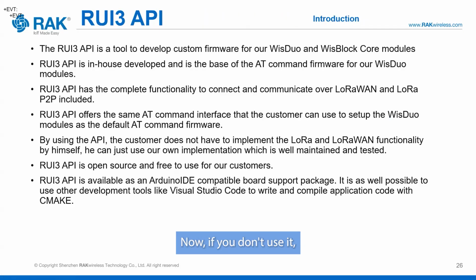Now, to use the WisDuo modules you don't have to use the AT commands; you can also use the RUI3 API, which is a tool that we developed, that we use ourselves to develop the AT command firmware for WisDuo and WisBlock, but it can also be used to develop your own custom firmware.